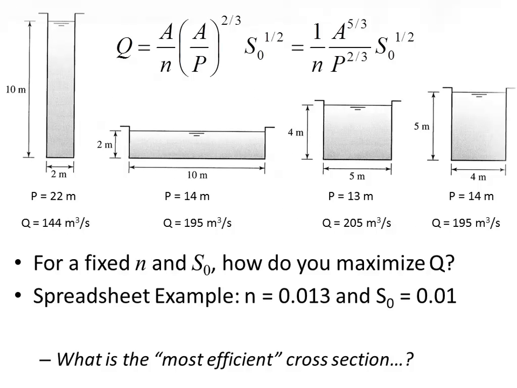The most efficient section is a half square. And so the best we can do, if the area is still 20, so most efficient is a half square.